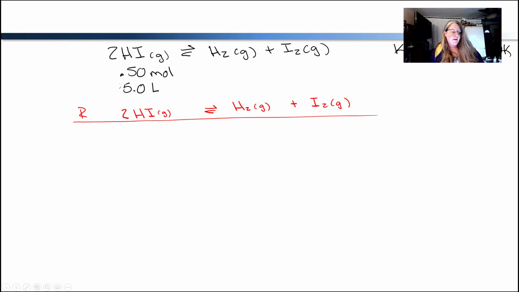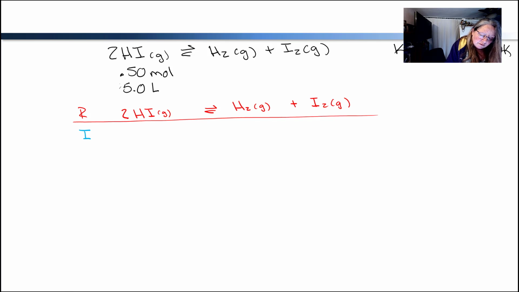Let's change the pen color. I'm going to get fancy here. Okay. Now for my I, initial.